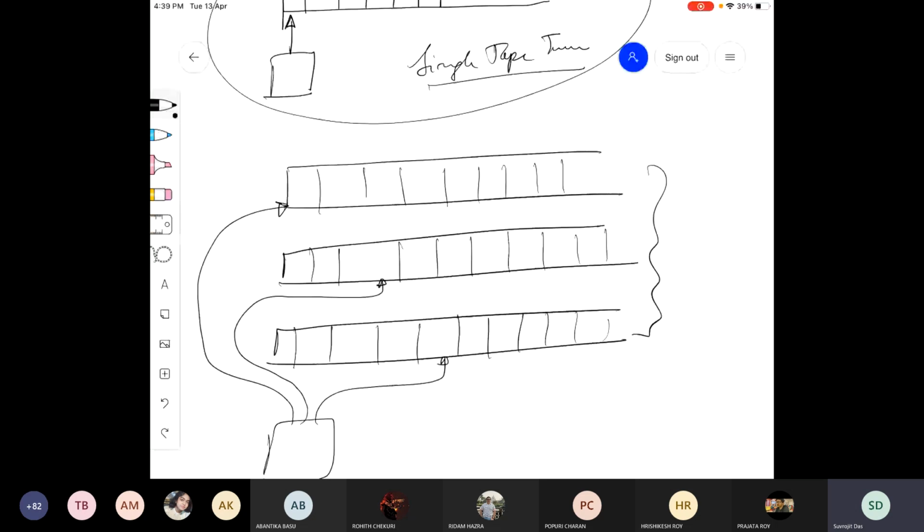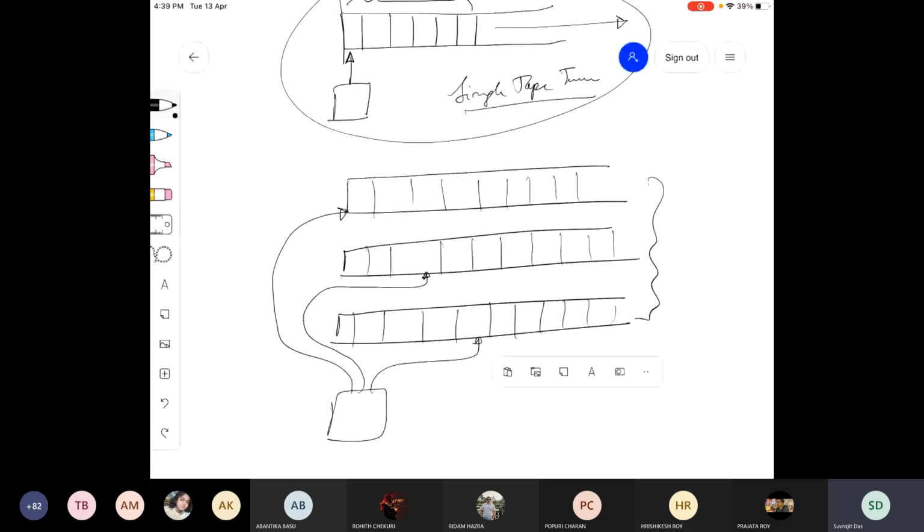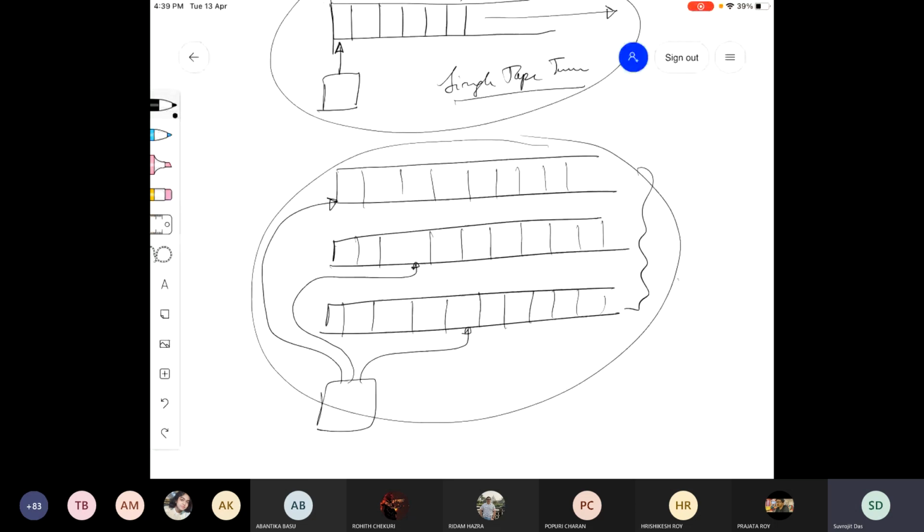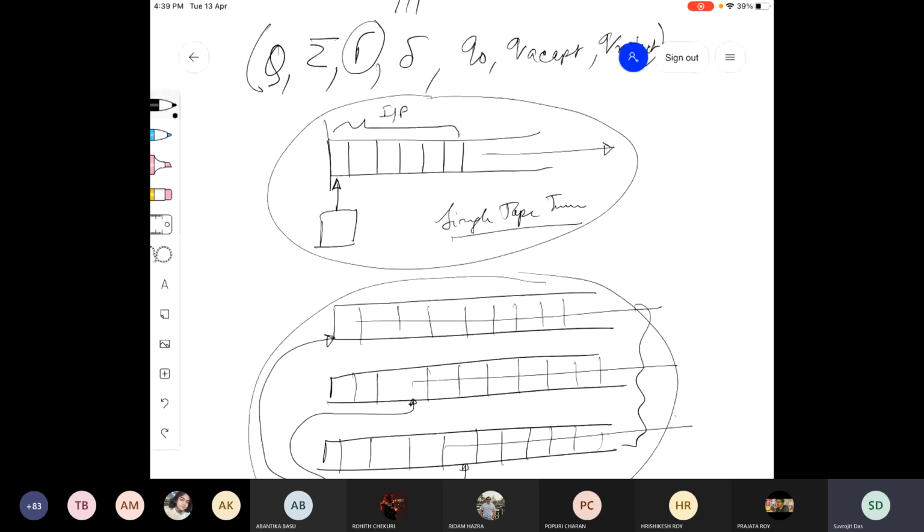So here you can have many definitions of Turing machines, and if time permits, I can talk about specific theorems that Turing came up with, proving that all these versions of Turing machines are essentially of same power. That means whatever seems possible to you with 3 tapes is also possible with a single tape.